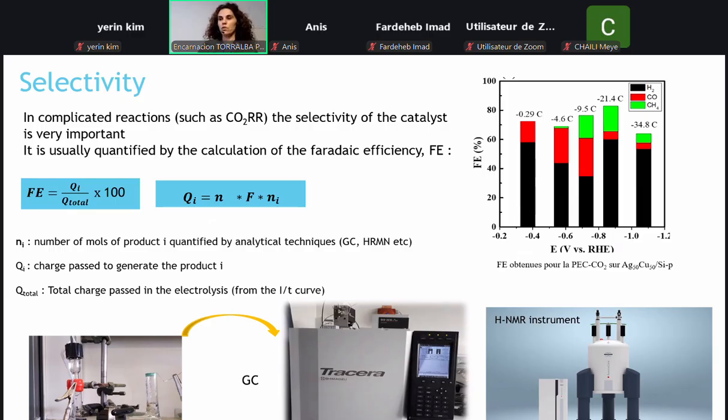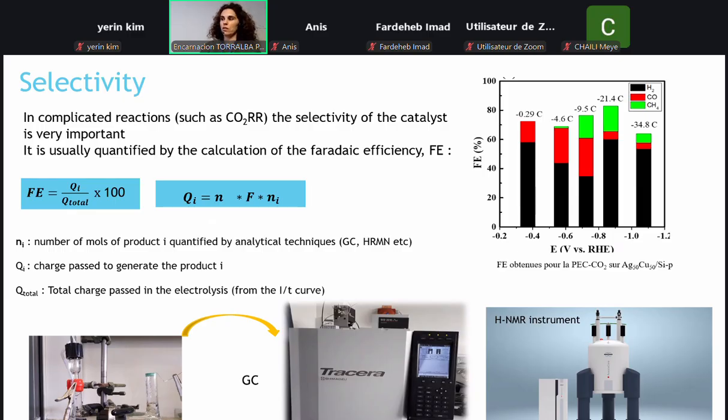For example, I always talk about CO2 because it's the one that I work on, but also there is a big problem of selectivity because CO2 can get reduced to a lot of different products. So in this case, for example, I wanted CH4 because it's the one that has the highest current density, so it can be used as fuel.